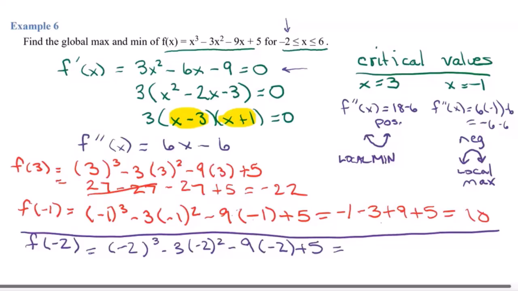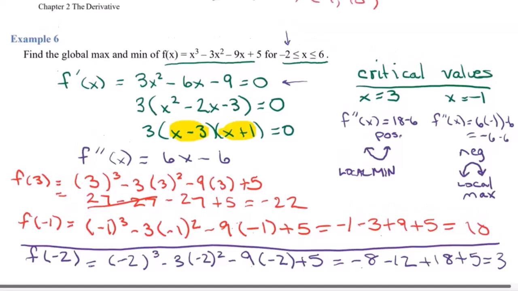We have -2 to the third power is -8, minus 3 times 4, minus 12, minus 9 times -2, plus 18, plus 5. And this number is -8 minus 12 is -20, plus 18 is -2, plus 5 is 3. So we have another point, f of -2 equals 3.